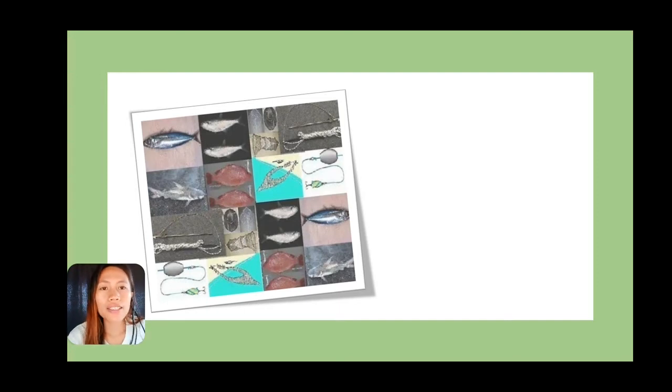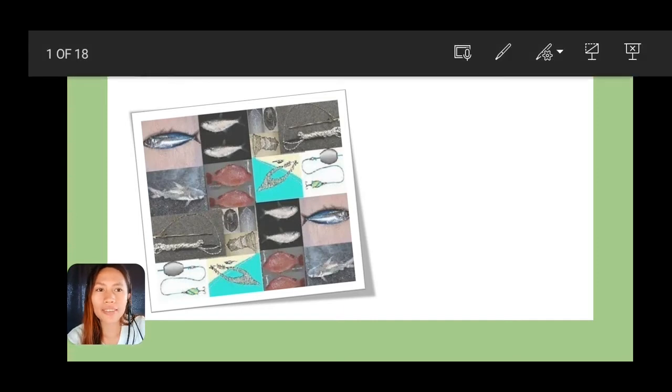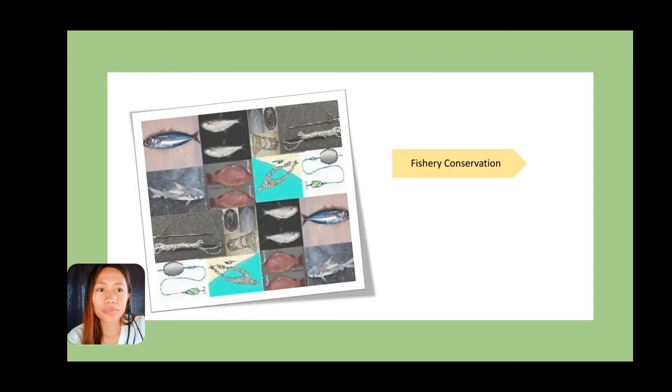For today's discussion, as you can see on your screen, there is a picture there, and try to think about what you see in the picture. So, you're right. Fishery conservation.